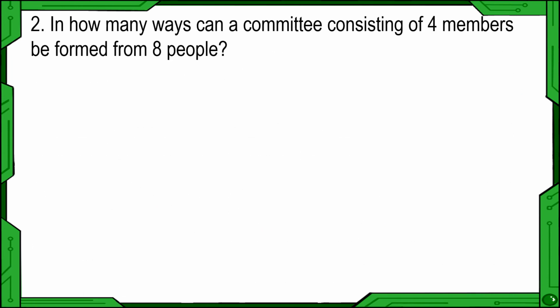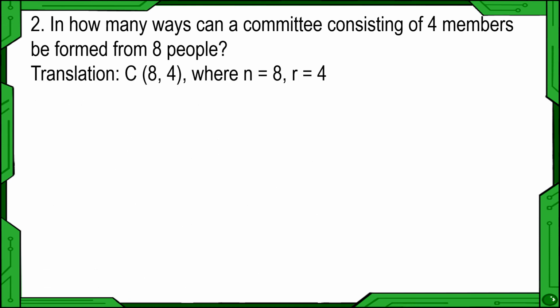Let us now move on to our last problem solving, number 2. In how many ways can a committee consisting of 4 members be formed from 8 people? So this is a combination, so use the formula of combination. But first, let us identify what are the given. So combination of 8 and 4, where n is 8 and r is equal to 4.